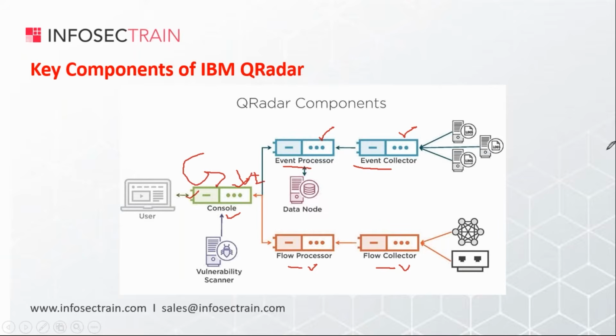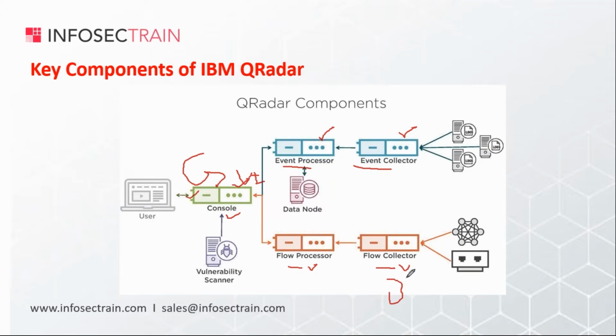So network flows, all of your network traffic between two endpoints or two devices, is being collected or gathered by your flow collectors. QRadar can use third-party flow collectors like JFlow, SFlow, NetFlow.